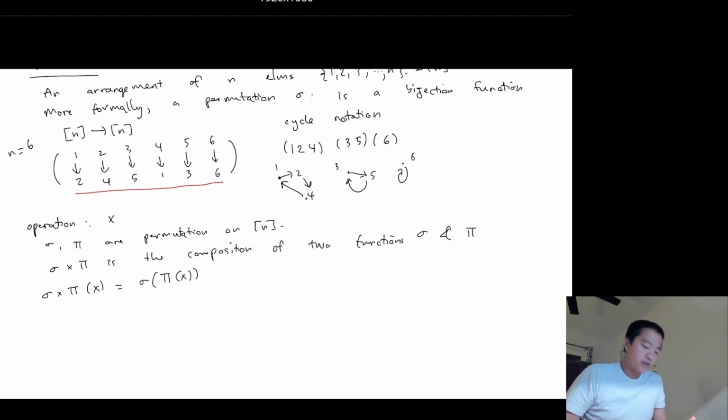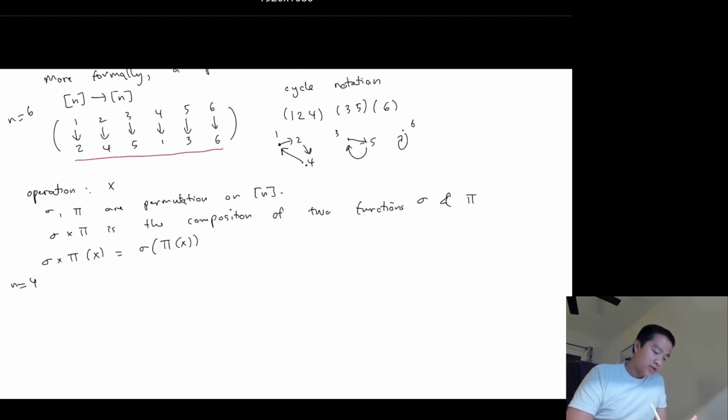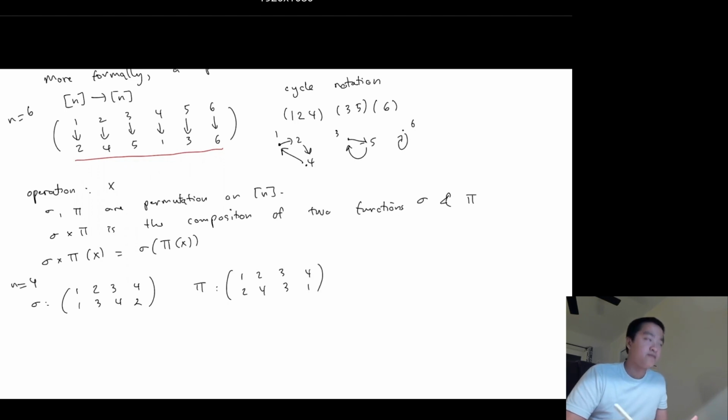example. Okay. So for example, we consider an easy example where n is 4, right? So let's say sigma is 1 to 1, 2 to 3, 3 to 4, right? And 4 to 2. Okay, and pi is 1 to 2, 2 to 4, 3 to 3, and 4 to 1.